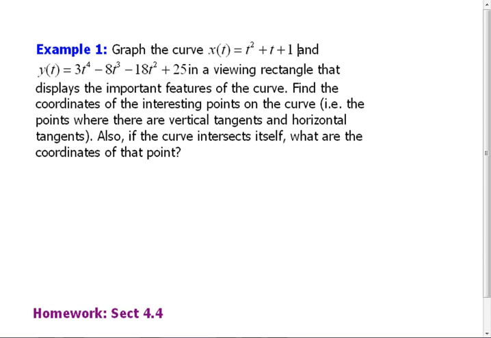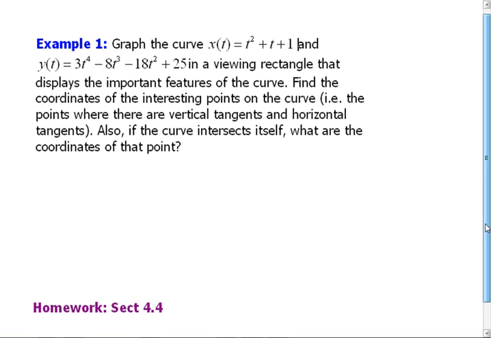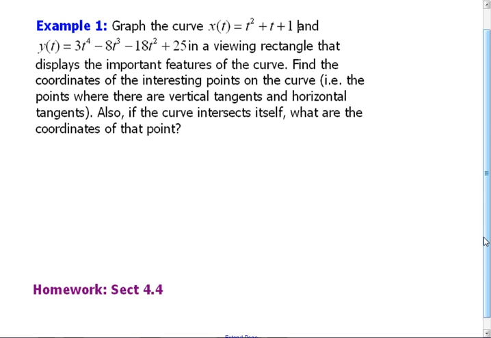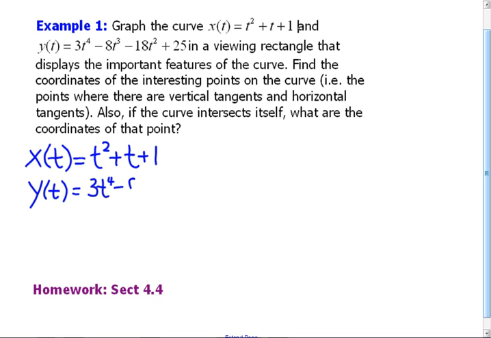Okay. Here's my x value, and I'm just going to get it out of here. X of t, because it's just too much writing, is t squared plus t plus 1. And y of t. Now, this is an easy one to find the derivative of either piece of this.